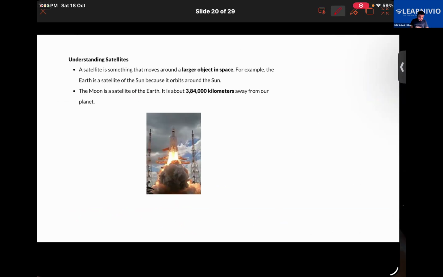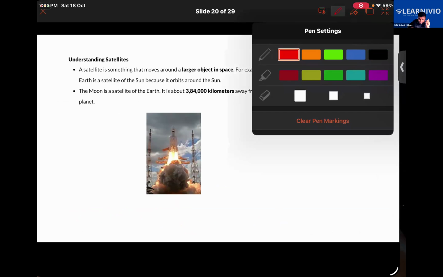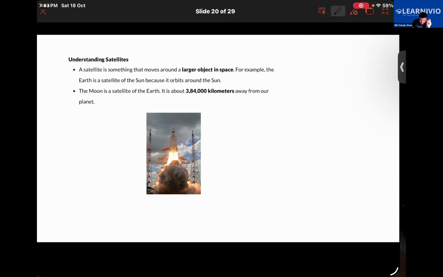Now, let us get to understand satellites. Particularly here we are going to learn about artificial satellites. Basically, a satellite is something that moves around a larger object in space. For example, Earth is a satellite of the sun because it orbits around the sun.